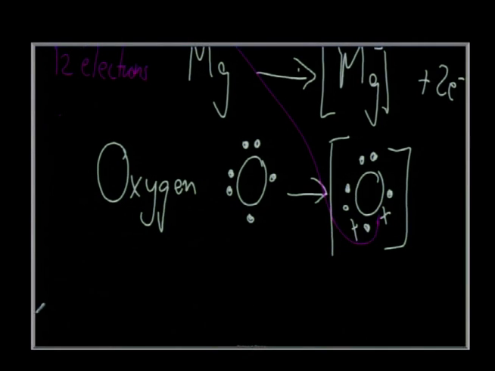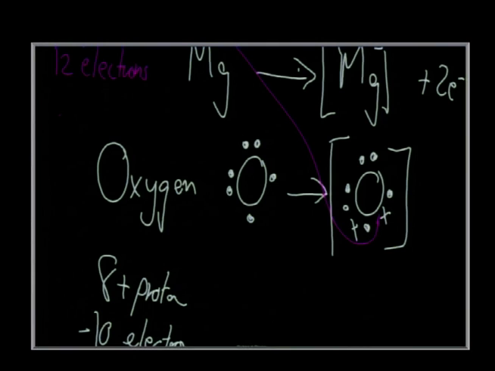What will its charge be? Well, if I have 8 positives, 8 protons, and 10 electrons, I hope you can see that there are more negatives than positives, and so the overall charge here is going to be -2. That's going to give you a charge of -2.